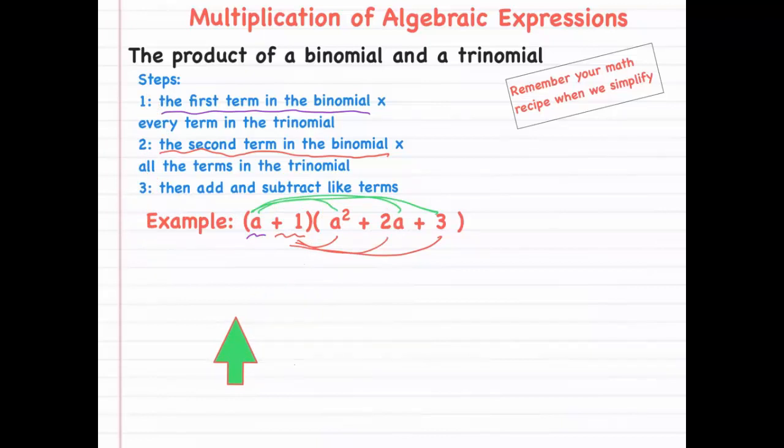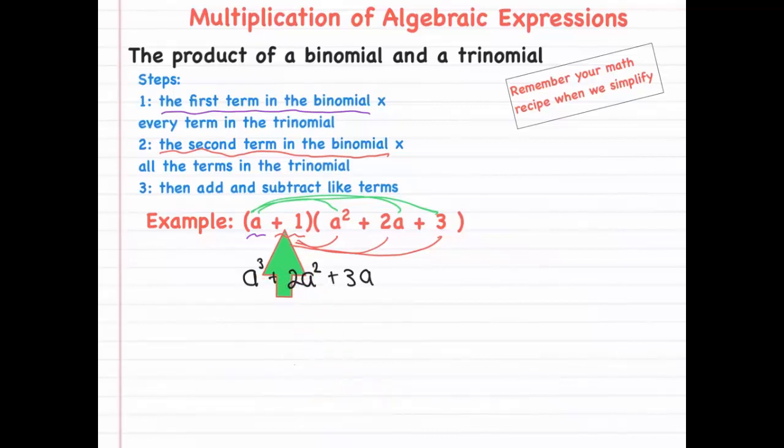So here we go. A times a to the power of 2, that becomes a to the power of 3. And then we have a times a plus 2a, that will give me a plus 2a squared. And then we will have a times 3, that gives me a plus 3a, right?